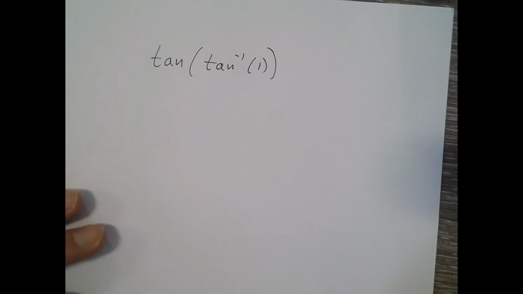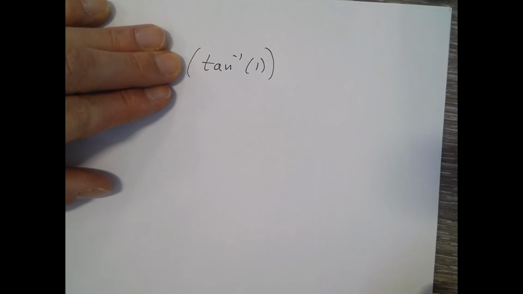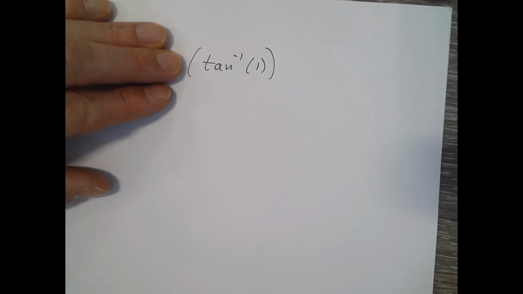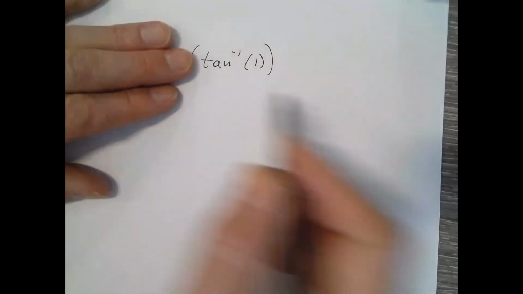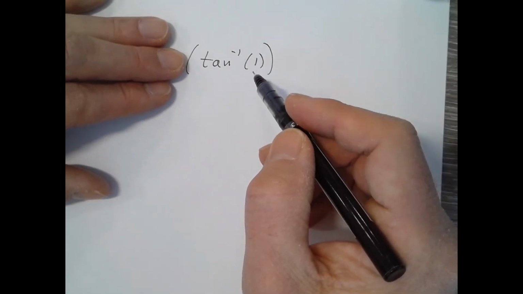Okay, we have to work our way out. So let's start in the parentheses. What angle has a tangent of 1? And once we have that angle, then we'll take the tangent of it. But let's find that angle. What angle has a tangent of 1?